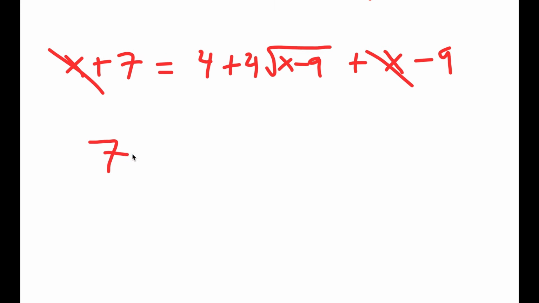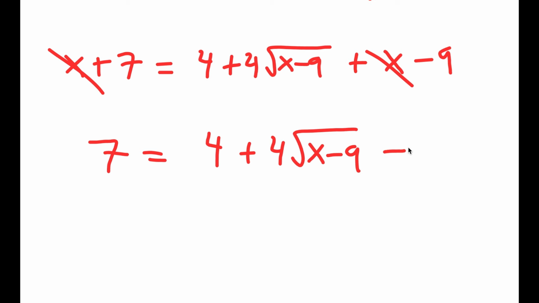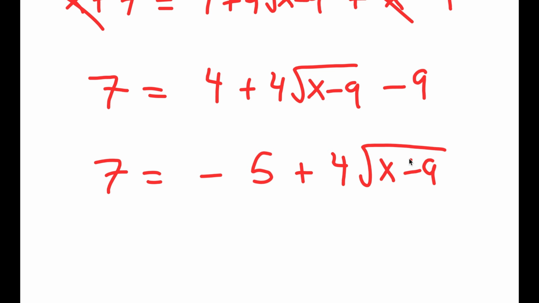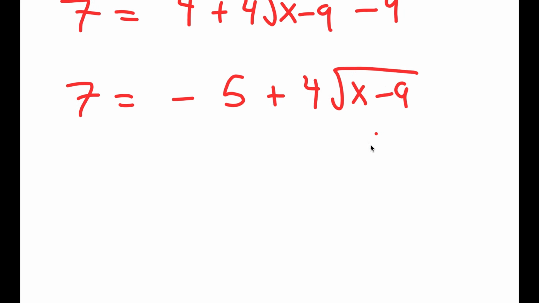So now I have 7 is equal to 4 plus 4 root x minus 9 minus 9. Now, I'm going to combine some like terms. So I get 7 is equal to 4 minus 9, which is equal to negative 5, plus 4 root x minus 9.